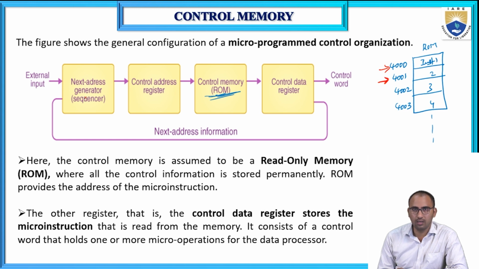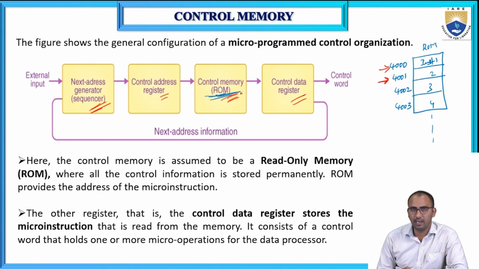We can also call it the address sequencer. So it is a next address sequencer, a control address register, control memory, and control data register. These are the blocks it has. Already we have seen the control memory.